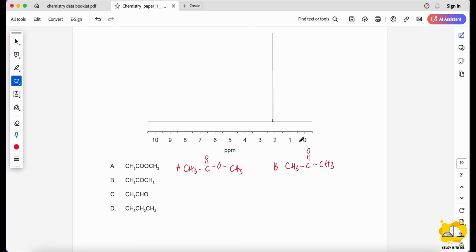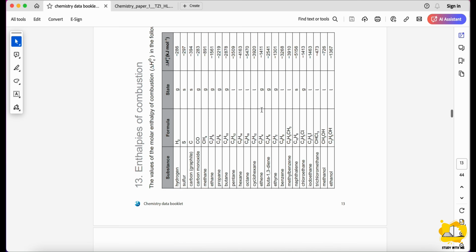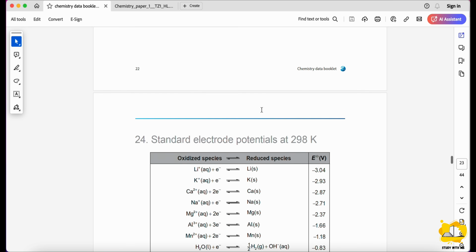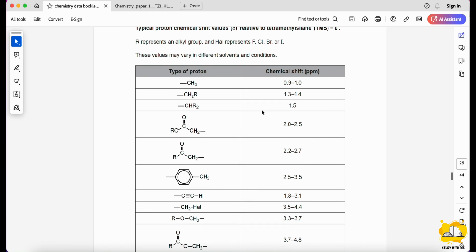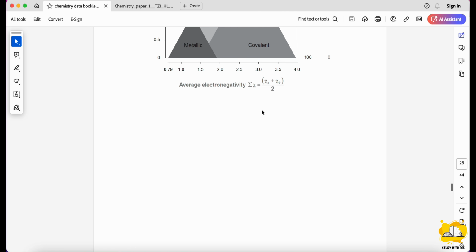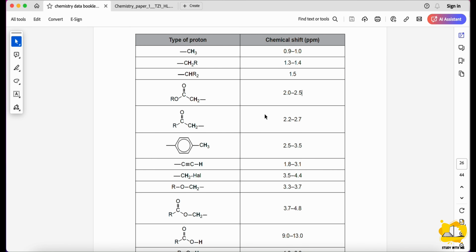Okay, so if it's 2, and we check the data booklet, okay, so we mostly get stuck on this.